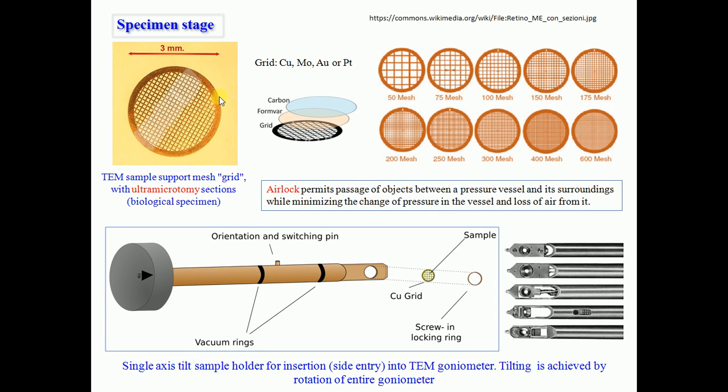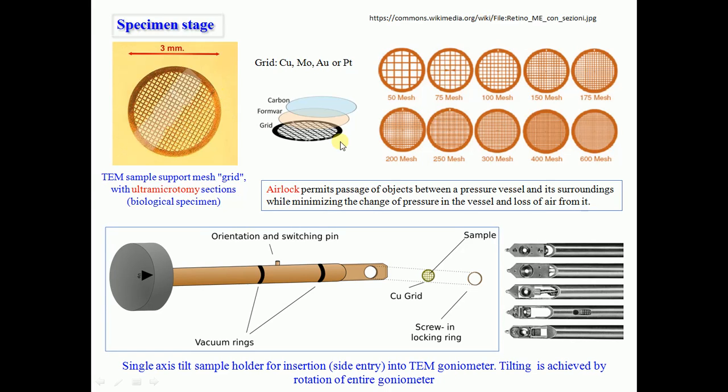As I said, the electrons get transmitted through the sample, but we cannot keep the samples hanging, or just hold the sample with the help of some type of screw. So for holding the sample, a certain type of specimen holder is needed. It is called a mesh or grid.